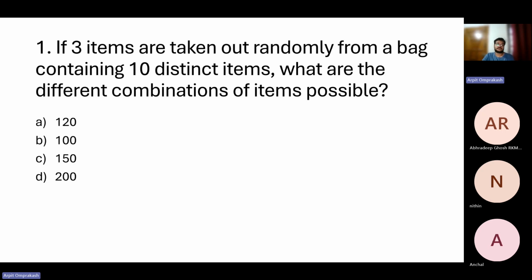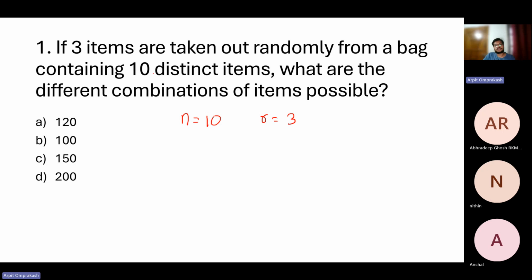The first question is, if 3 items are taken out randomly from a bag containing 10 distinct items, what are the different combinations of items that are possible? So n is the total number of items, which is 10, and r is the number of items we have to choose, which is 3.